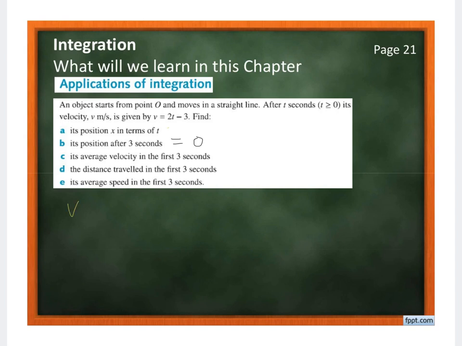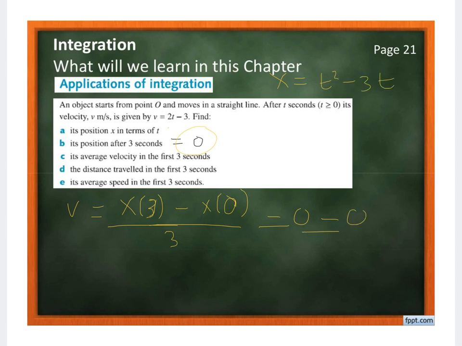So V equals x3 minus x0 over 3. x3 equals 0, we found in part B. x0 is also 0, because x is t squared minus 3t, so x0 is also 0, over 3. So the velocity is 0 meters per second.